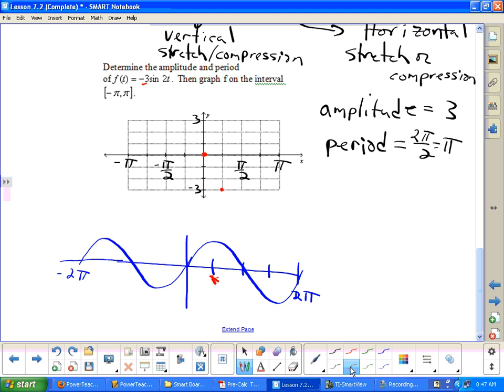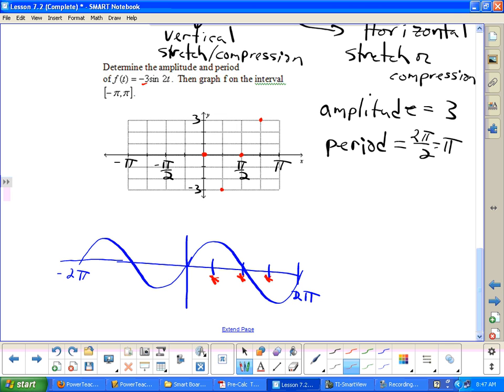Now at the next spot, right here, sine is 0. So what's 0 times negative 3? 0. So at pi over 2 then, which would be our next. Then we're at negative 1. What's negative 1 times negative 3? So we go up to 3.